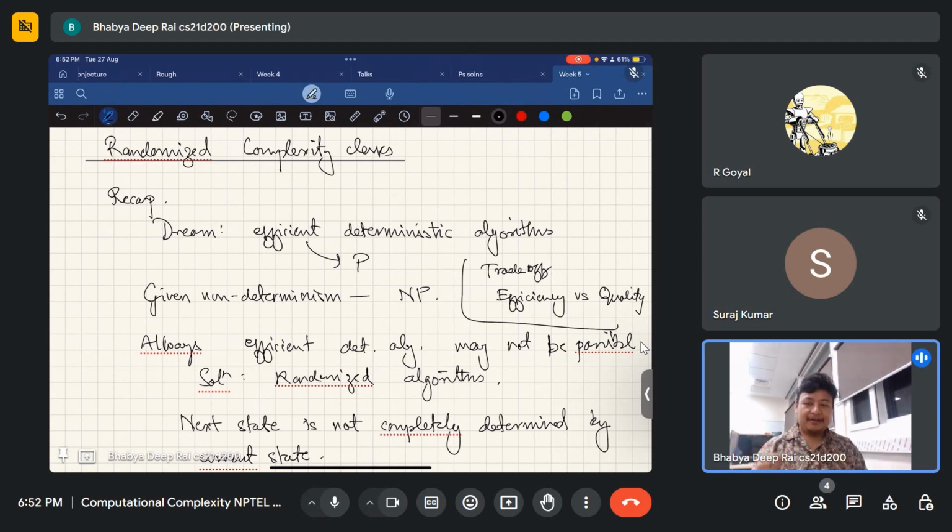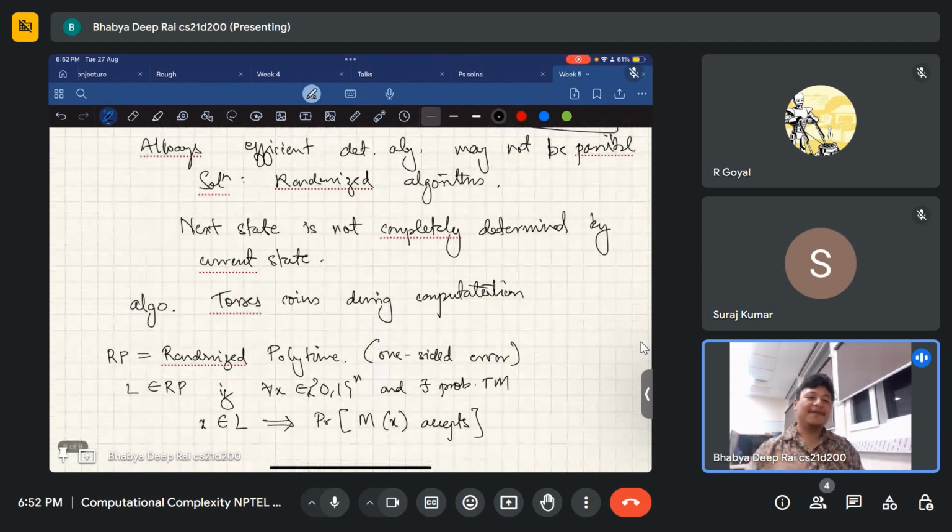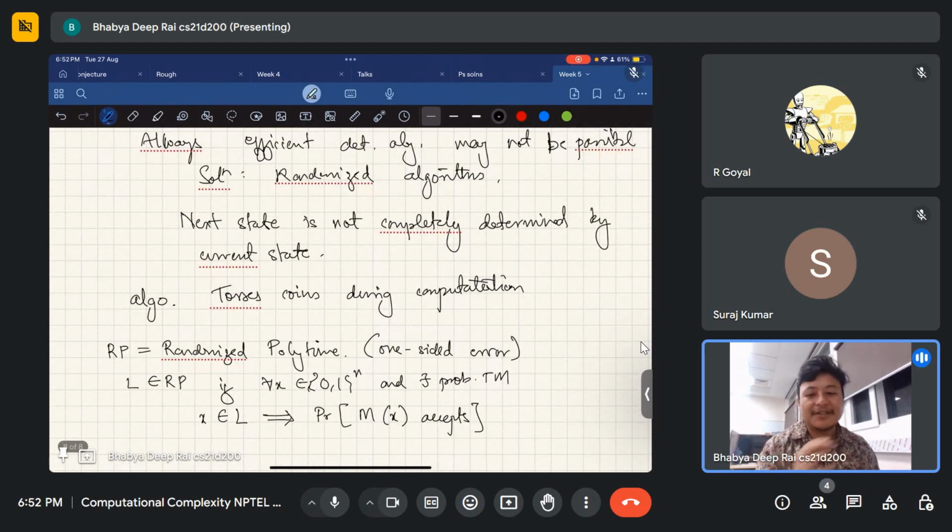Practically, randomized algorithms are used left and right. For example, Google's search algorithm and Facebook's algorithms on very large graphs, all these social media apps, are randomized algorithms, because you cannot hope to run a deterministic algorithm on this, because it will take too much time. You'll have an exponential amount of time on billions of nodes, which is not feasible at all.